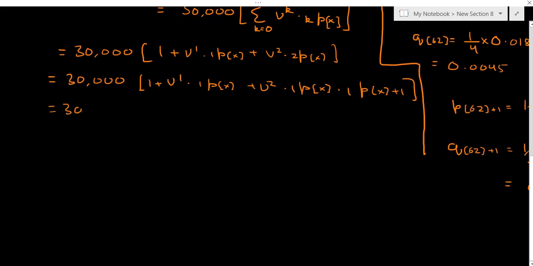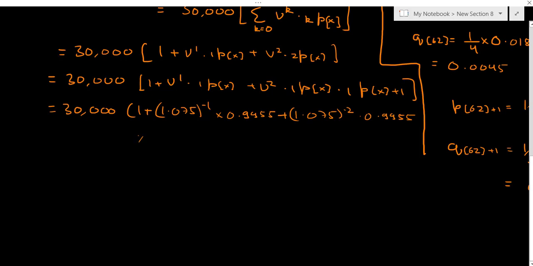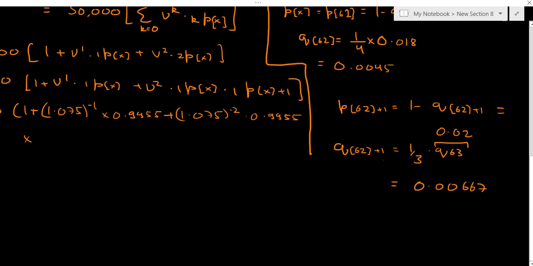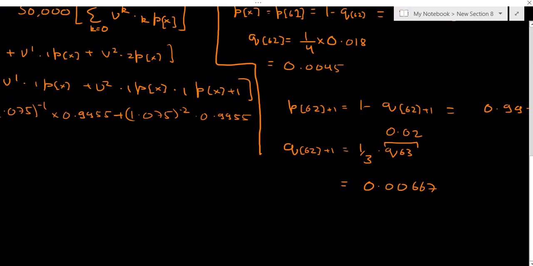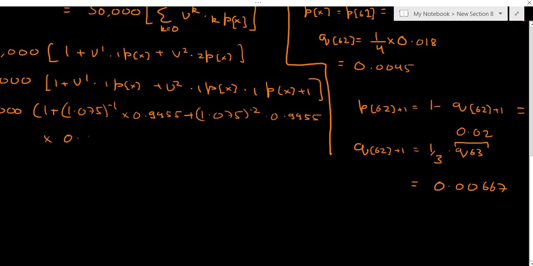So this just becomes 30,000 into 1 plus v1, which is 1.075 to the power of minus 1, because of 7.5% interest, into, as we calculated, 0.9955, plus 1.075 to the power of minus 2 into again 0.9955, and this factor, as we calculated just now, p62 plus 1 is 0.99333, so this just becomes 0.99333.